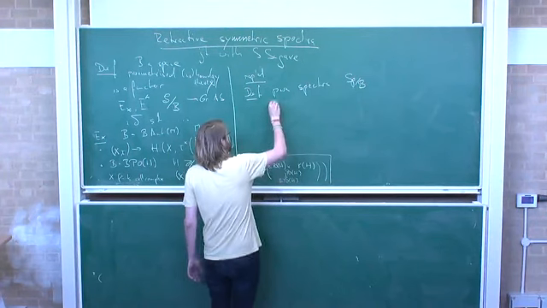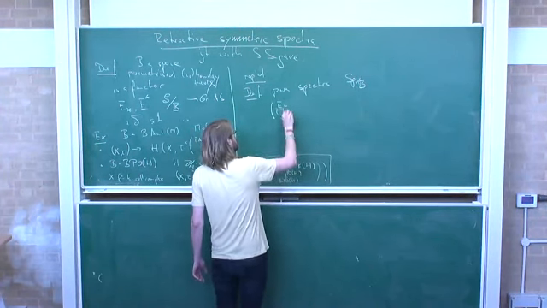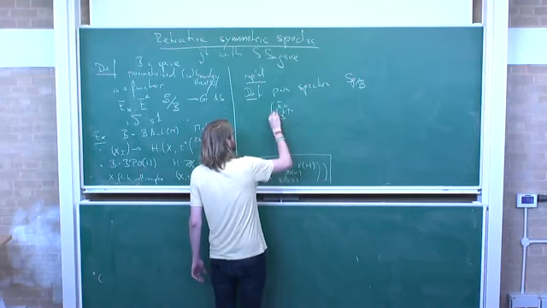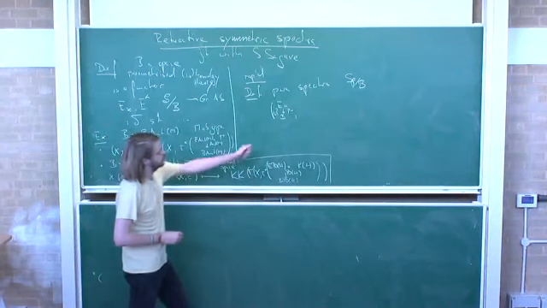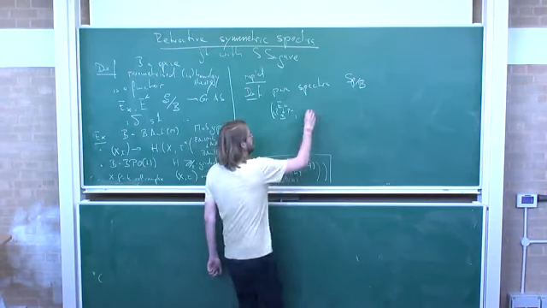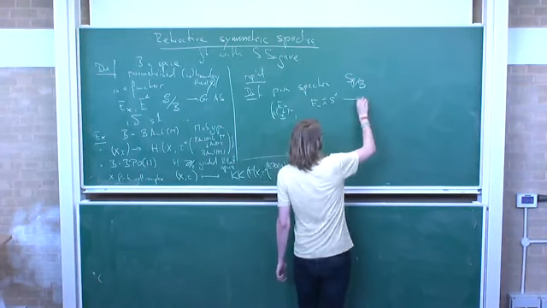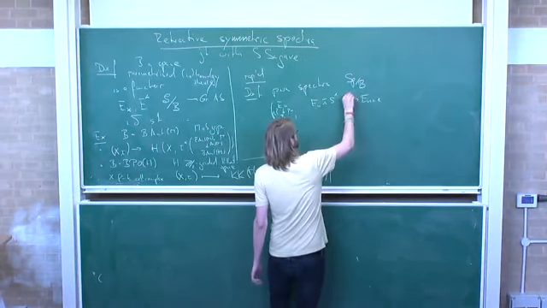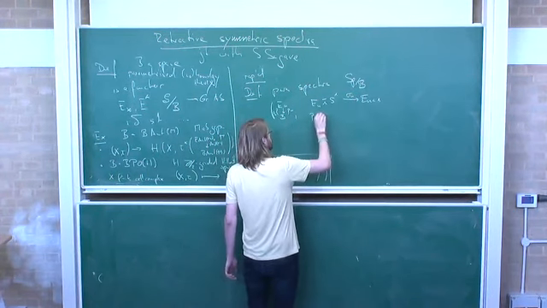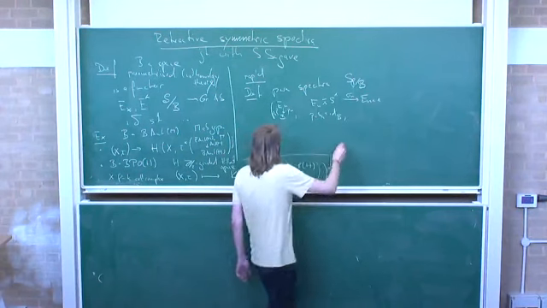In the beginning, these were just objects of the form: a sequence of spaces over B with a section and structure maps sigma n, such that it really is a section, and this map is fiberwise.